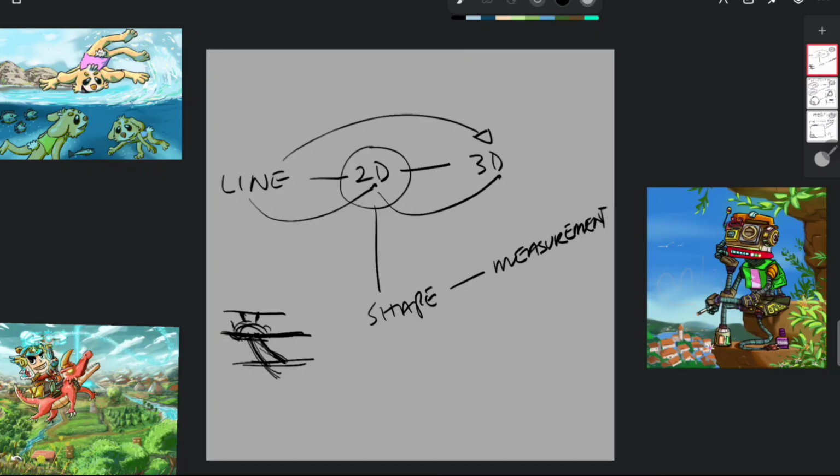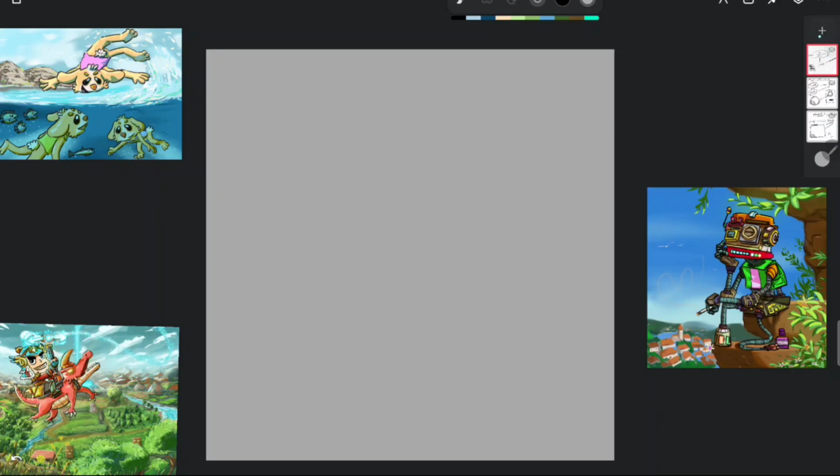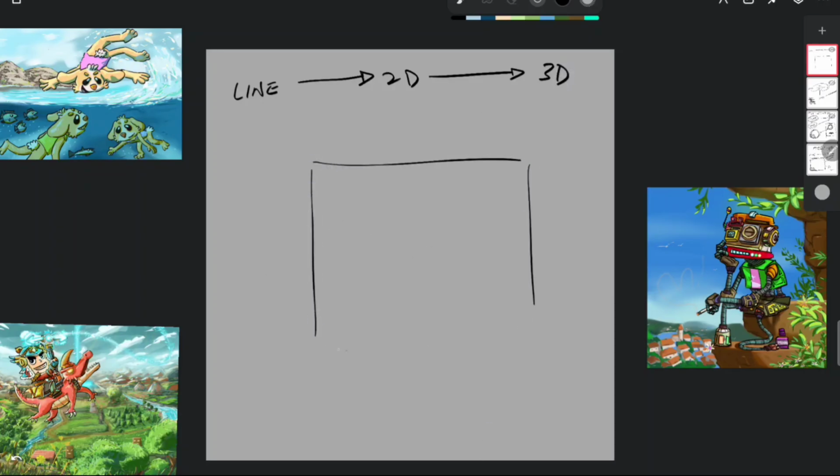Now let's talk about training your brain to see depth. When we talk about 3D, so now let's say we have gone from line to 2D, now 3D. The idea is to see your page, your flat surface. It is the same thing if you are drawing on paper, or on a canvas, you are painting, it's the same thing.